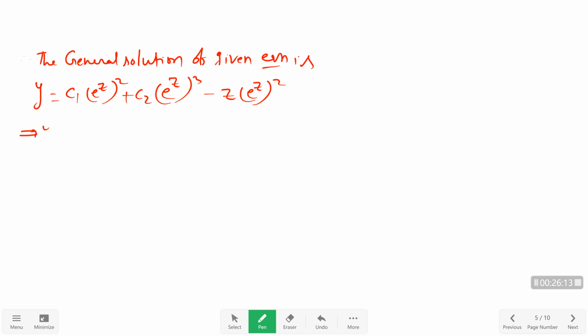So y is equal to C1 x square plus C2 x cube minus log x into x square. Which gives the general solution of the Cauchy linear equation.